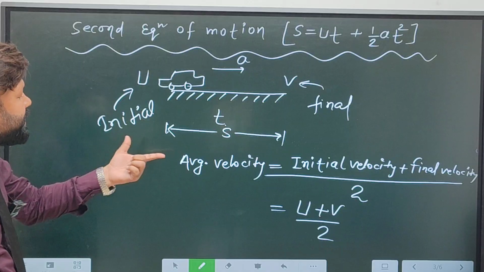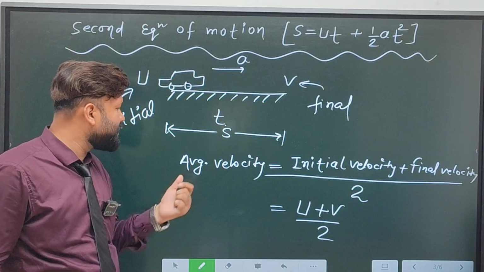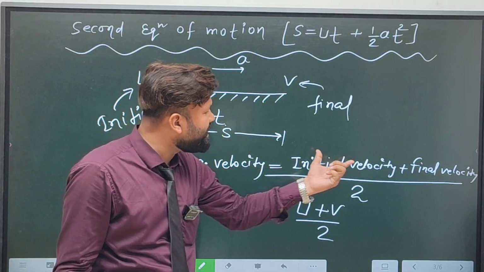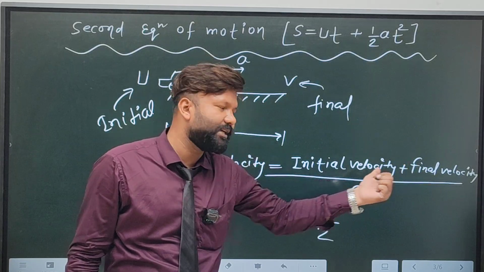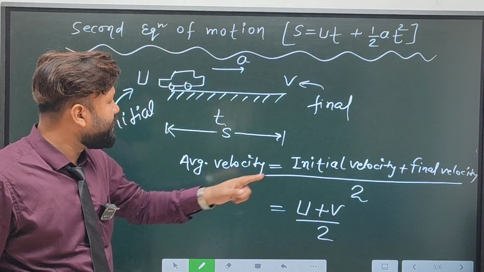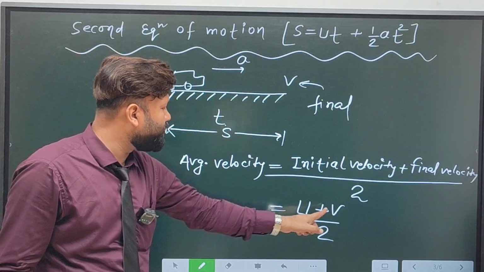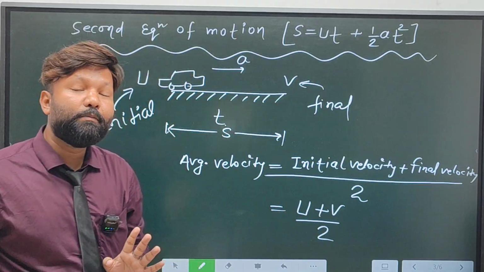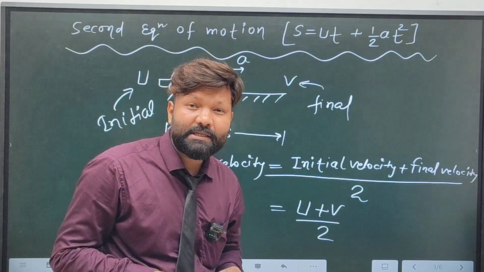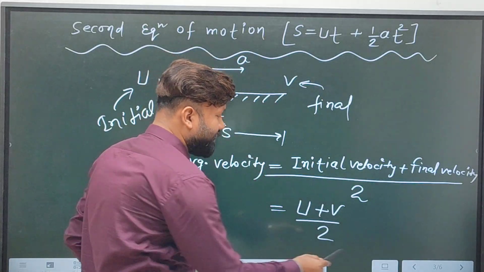Then, we already learned in the previous class, average velocity is equal to initial velocity plus final velocity divided by 2. Now initial velocity is u, final velocity is v, so u plus v by 2. One more formula we have learned in the previous class, velocity is equal to distance by time.